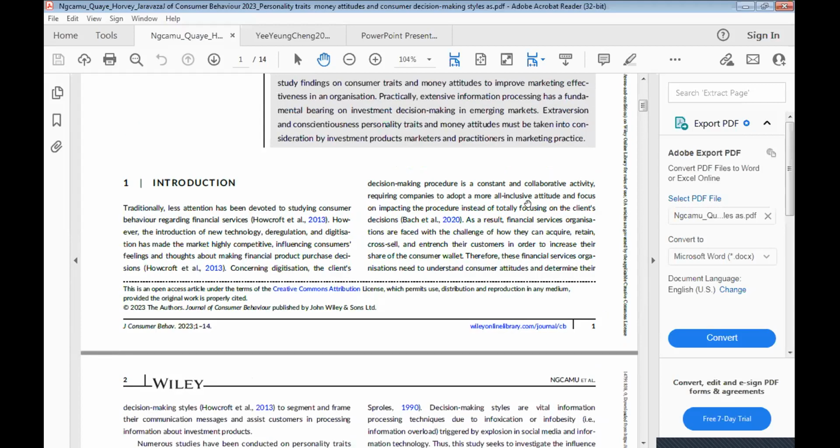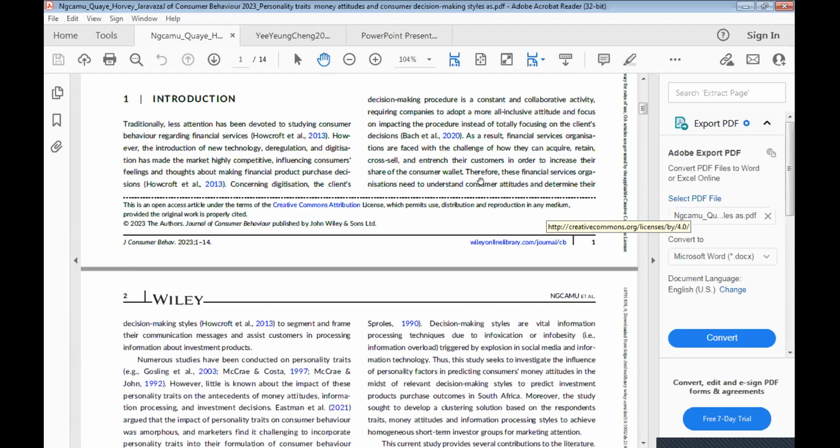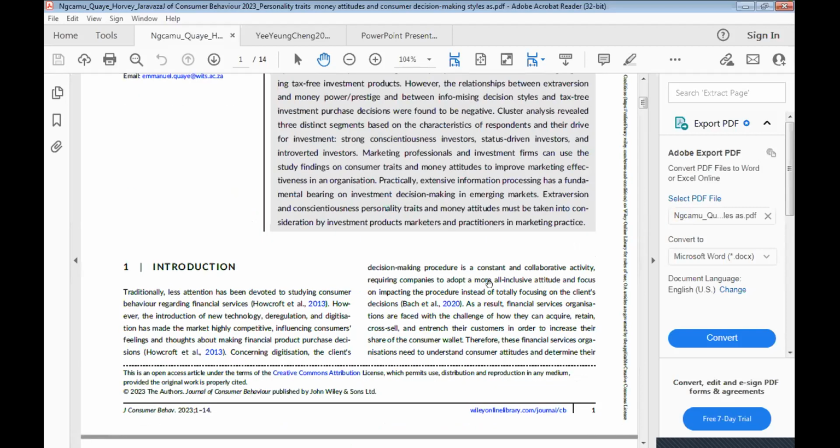The client's decision-making procedure is a constant and collaborative activity requiring companies to adopt a more all-inclusive attitude and focus on impacting the procedure instead of totally focusing on the client's decision. What is important here is, at least for your argument, where you are trying to hook the reader, you also want to strengthen that by referring to a citation. Right, so let me stop sharing here.